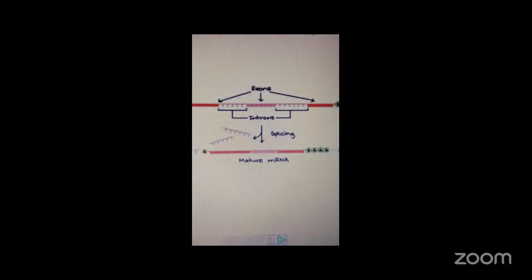The silencer prevents the gene from being expressed through the repressor proteins. Another one is upstream and downstream, that is the direction of DNA synthesis.